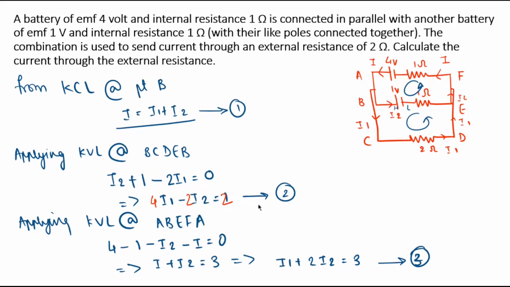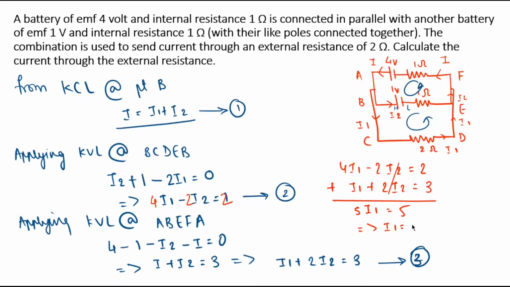Now if you add these two equations, 4 I1 minus 2 I2 equal to 2 and I1 plus 2 I2 equal to 3, the I2 terms cancel and this becomes 5 I1 equal to 2 plus 3, which is 5, which implies I1 is 1 ampere. So we found the current flowing through our external resistance of 2 ohms is 1 ampere. I hope you understood this sum.